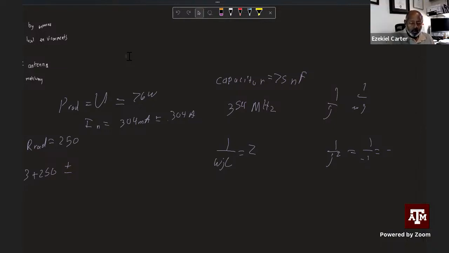The lowercase omega is used for angular frequency or angular velocity, and capital omega is ohms. Okay, that makes sense.